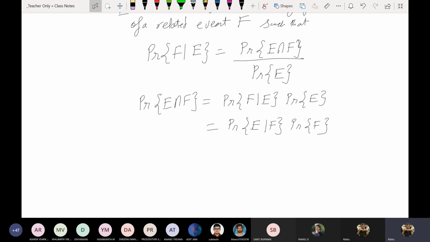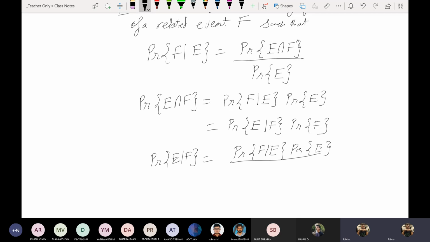So the probability of E given F equals the probability of F given E times the probability of E, divided by the probability of F. So this is called the Bayes theorem.